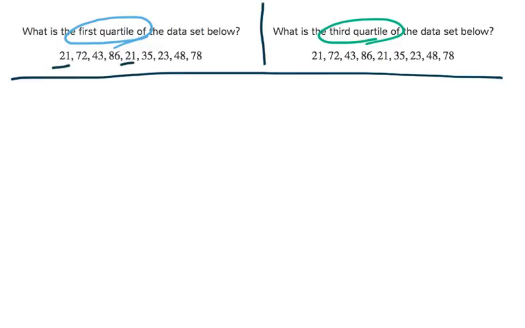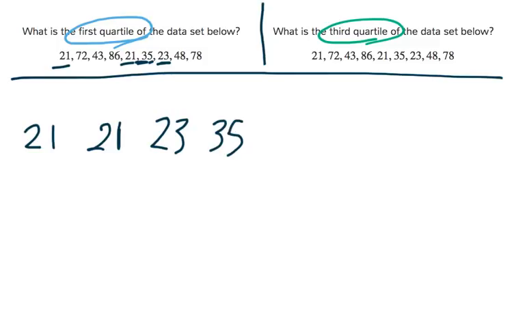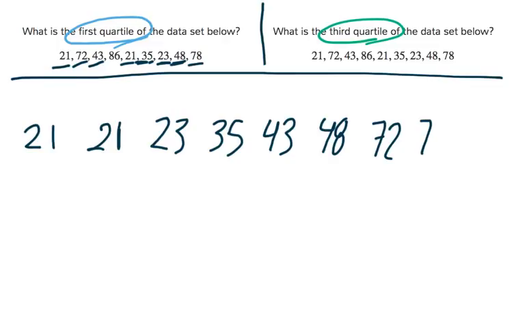Looks like we have two values of 21, so let's put these in order: 21, 21, and then the next biggest value is 23, and then it looks like I have 35, and then 43, 48 is next, 72, 78, and 86.